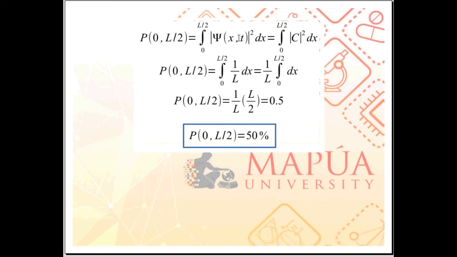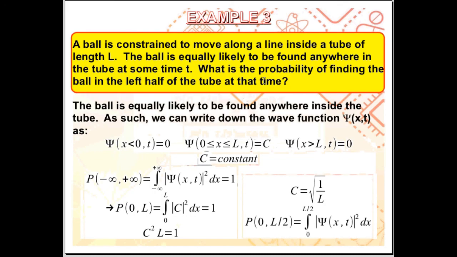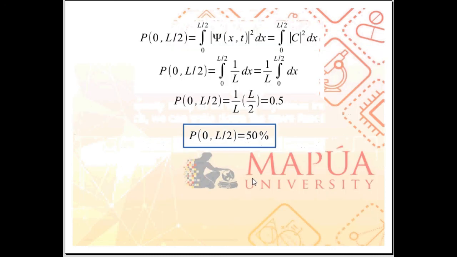Knowing the constant c, we are able to calculate the probability. The probability density, psi squared, is just equal to c squared. The square of c is 1 over L.